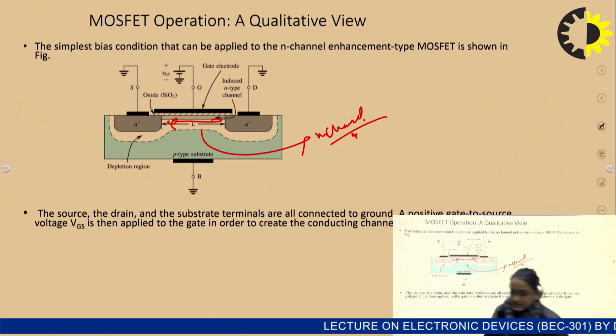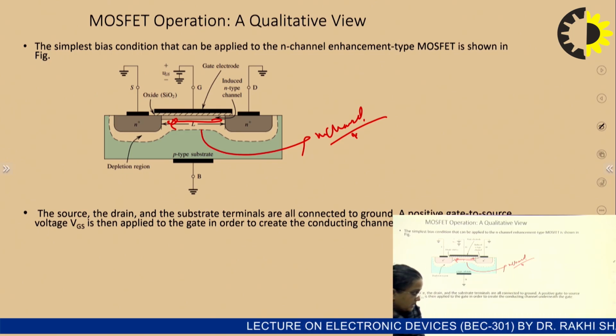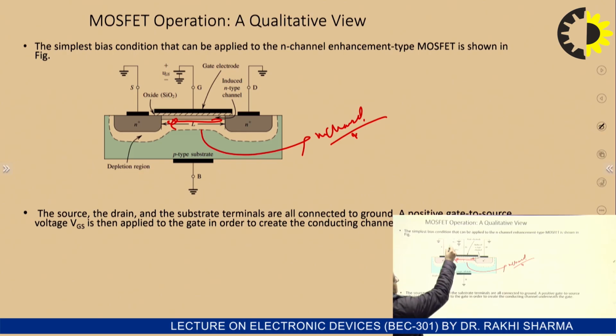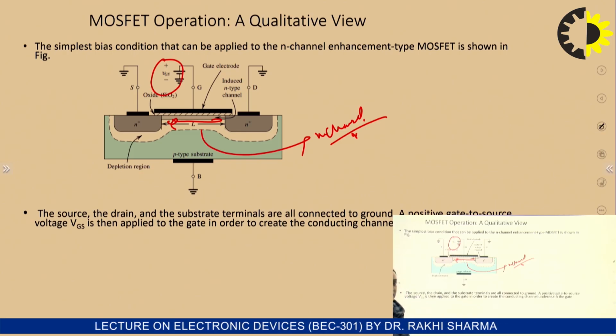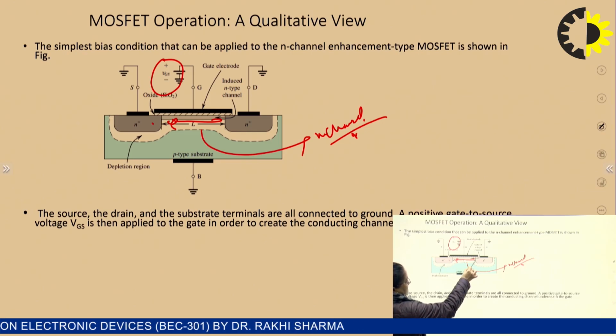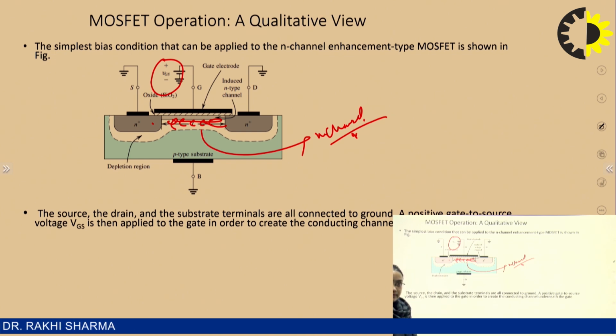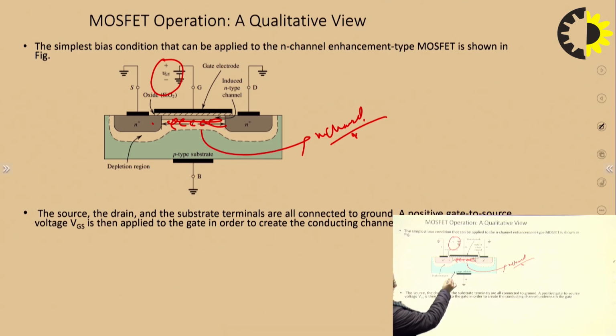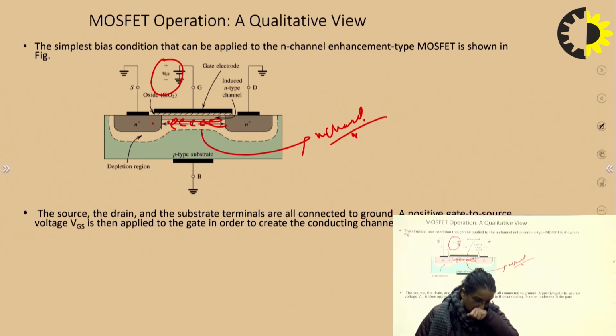What we are saying in this enhancement type N channel MOSFET is that if this VGS is positive, then most of the electrons will be attracted towards this and accumulate, resulting in the formation of a channel. If we observe a PN junction diode, there exists a depletion region.